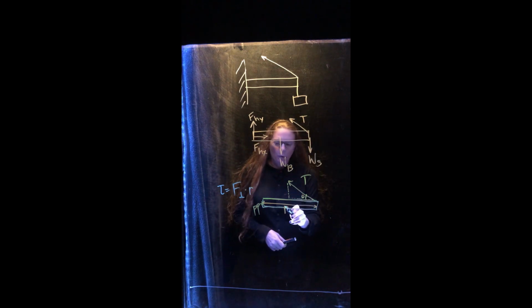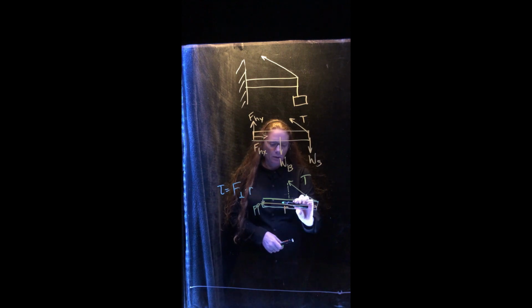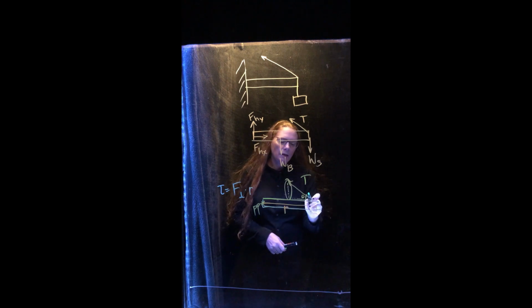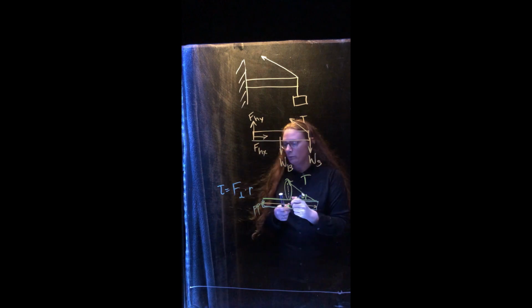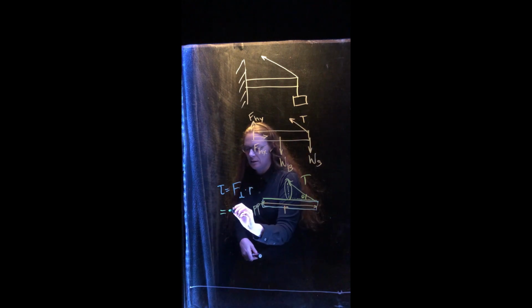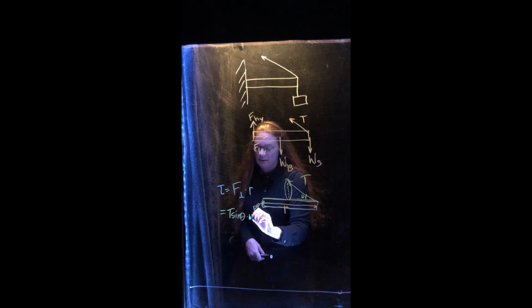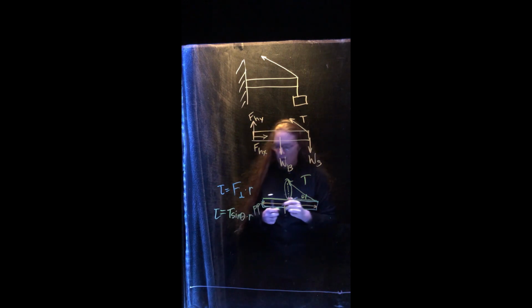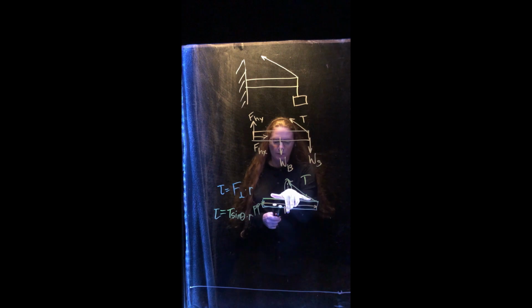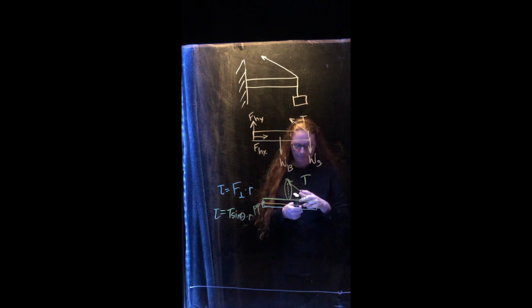Which of these 2 components is perpendicular to R? Well, R is like this, so this is the perpendicular component. Is that the sine or the cosine piece? Here's the angle, and that's opposite the angle, so it's the tension times the sine, times R. So the torque here would be T sine theta times R. So that's one way to do it.